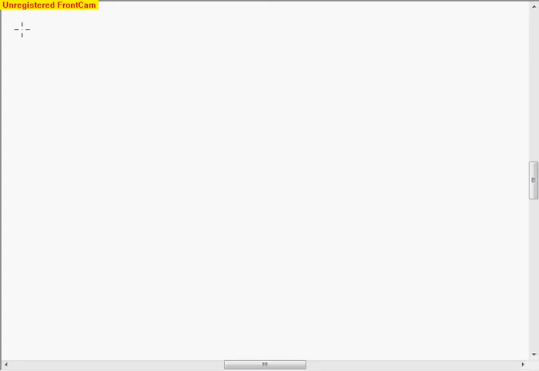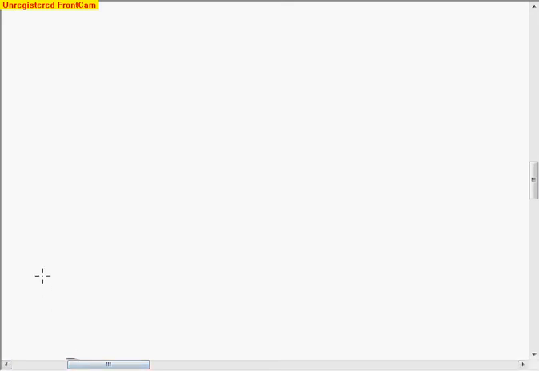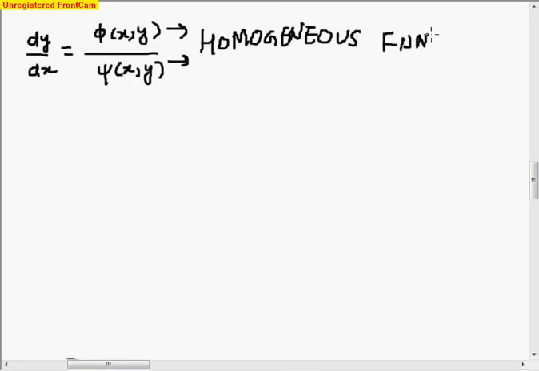Okay. Right now we learned what a homogeneous function is. Now we'll see what a homogeneous differential equation is. A differential equation of the form dy by dx is equal to phi(x, y) upon some function psi(x, y), where both of these are homogeneous functions of the same degree.